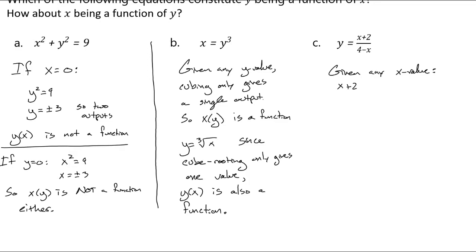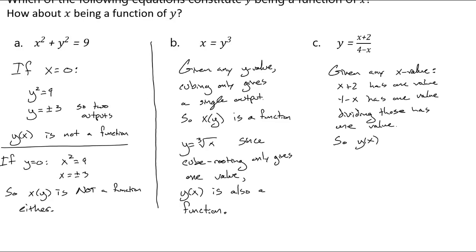X plus 2 has one value. 4 minus x has one value. And then dividing those has one value. So y of x is a function. Given an x value input, we only get one y value output.